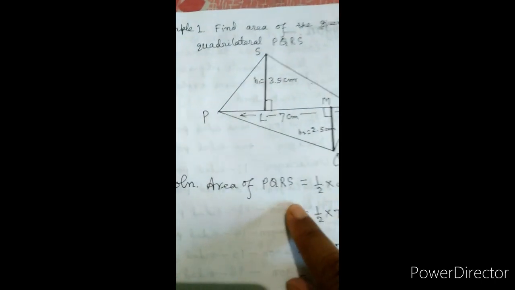Now area of quadrilateral PQRS is equal to half into D into H1 plus H2, which is equal to half into 7 cm, and H1 plus H2 gives us 6 cm. In this way we get area, that is 21 cm square.